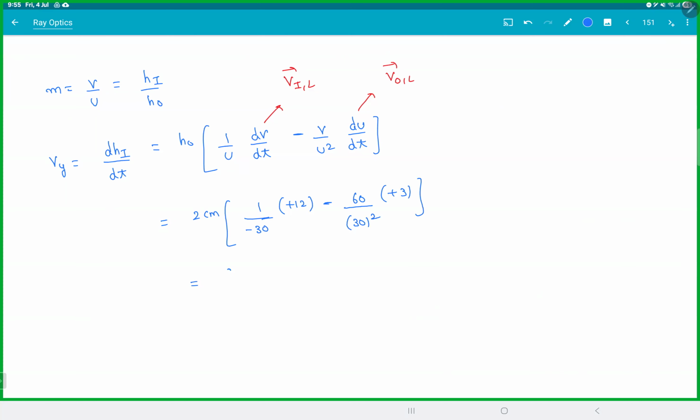That gives 15 minus 4 by 5, 6 minus 1 by 5, minus j cap. There, the velocity of the image with respect to the ground frame will be 11 i cap minus j cap. That's your answer. This gives you the j component. Check the calculations.